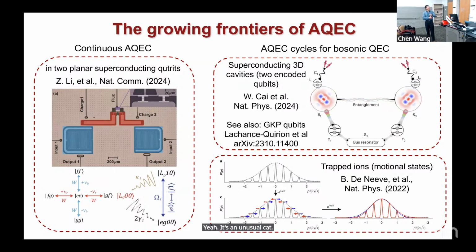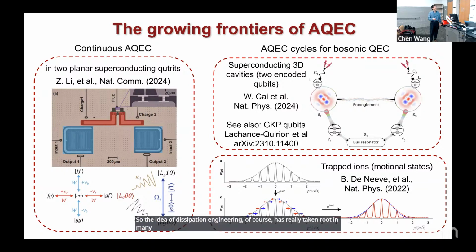So the idea of dissipation engineering has really taken root in many areas of quantum information science. And there are also different varieties of autonomous error correction. People do continuous drives on more transmon-based systems, and you can also run autonomous duty cycle error corrections without any information exchange between your classical controller and the system.